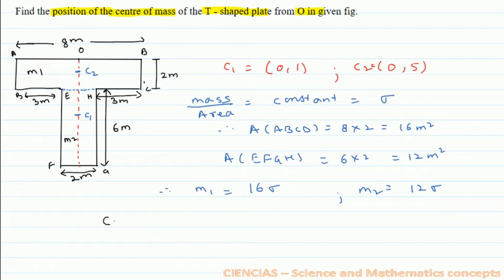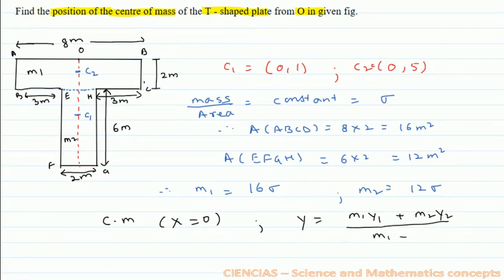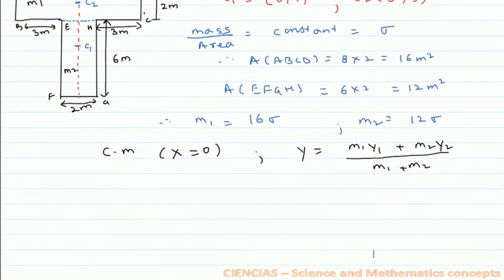The coordinates of center of mass, the x value will be 0 because the x coordinates for both C1 and C2 are 0, and for the y value it will be m1 y1 plus m2 y2 divided by m1 plus m2. So now we put the values here.